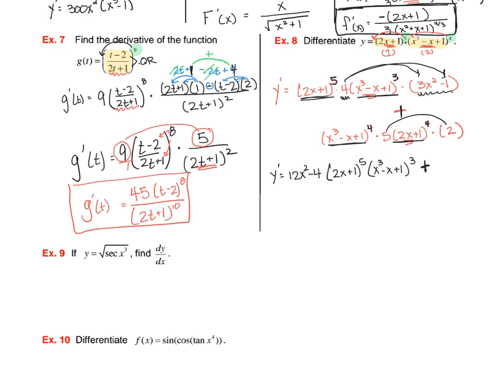plus, that's this plus right here, 5 times 2 is 10, and then (x cubed minus x plus 1) to the 4th, and (2x plus 1) to the 4th.